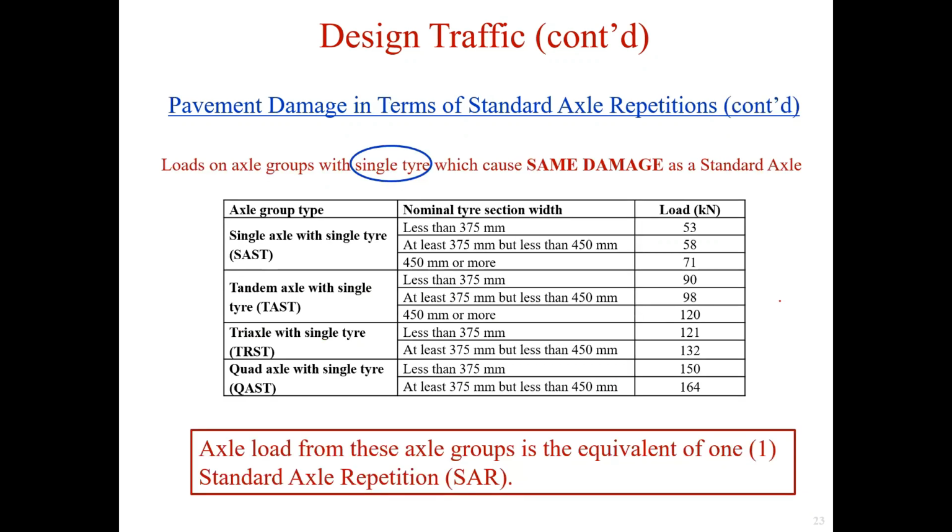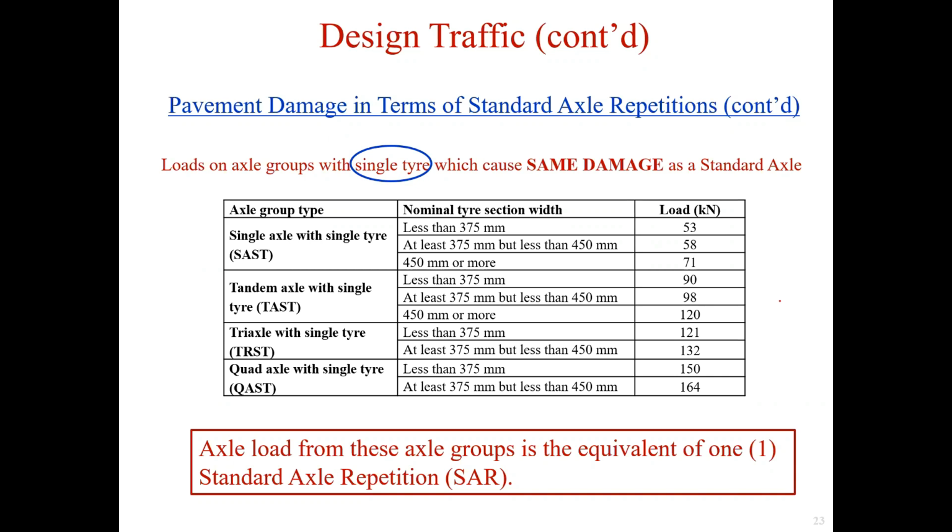The previous table is for the standard axle with dual tires. Loads on axle groups with single tires, which cause the same damage as the standard axle, are shown in this table. And the load varies with the axle group type and nominal tire section widths. Axle load from these axle groups is the equivalent of one standard axle repetition, SAR.